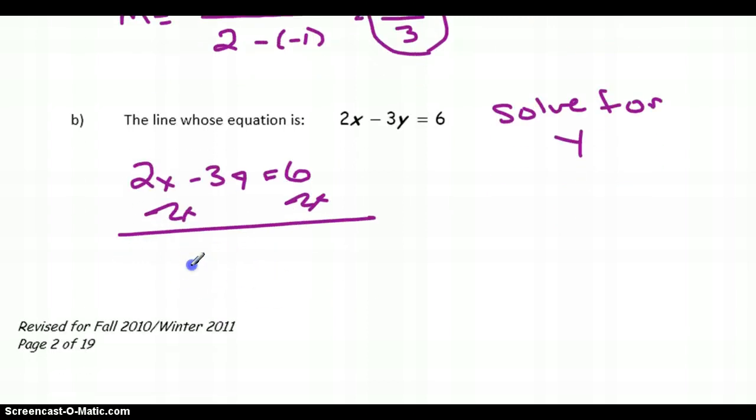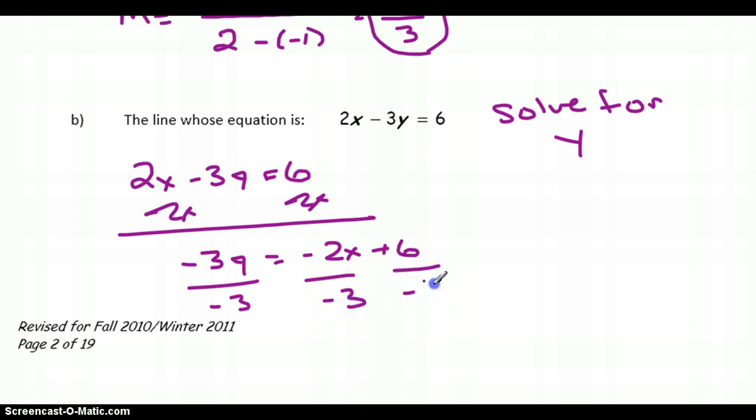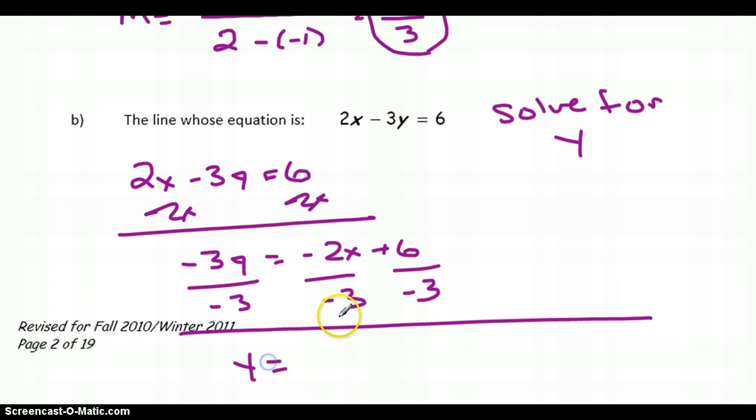Alright, so we've got minus 3y equals -2x plus 6, and divide everything by a -3. Divide by -3 everywhere. So y equals negative makes this positive 2/3 x minus 2.